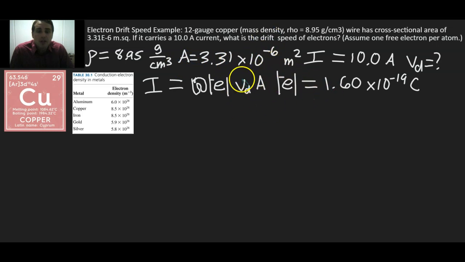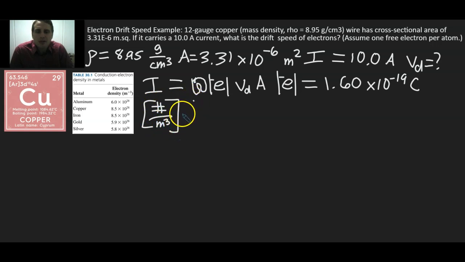So notice the drift velocity can be found as long as we find the number density of the conduction electrons. So what do we mean by that? Well, this has units, as I stated, of number per meter cubed. That's the SI unit.